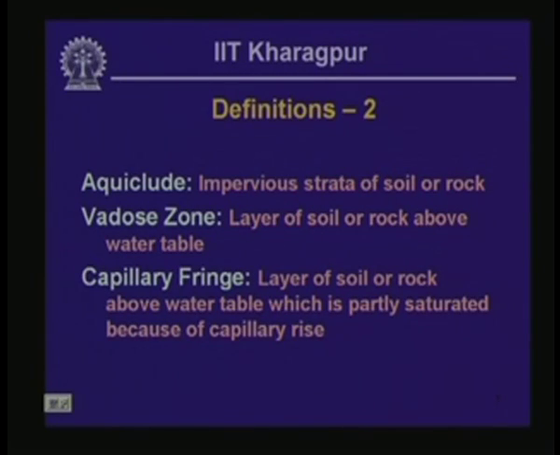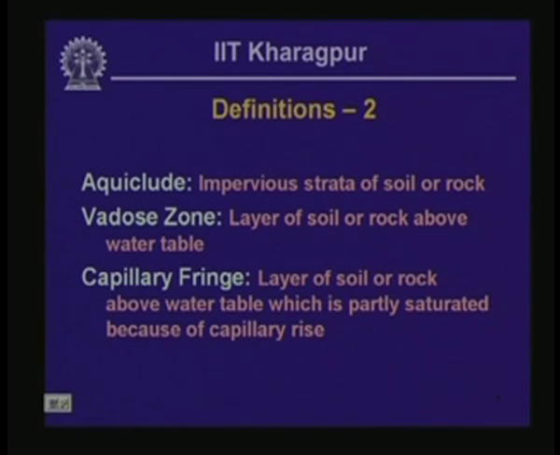Water table, simply stated, is the surface of saturated soils, and above that zone of saturation we have essentially partially saturated soil. Now capillary fringe is a layer of soil which is partially saturated above the water table, and this particular layer gets partially saturated because of capillary rise of groundwater through this layer.